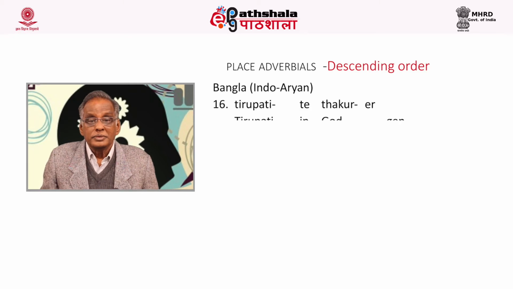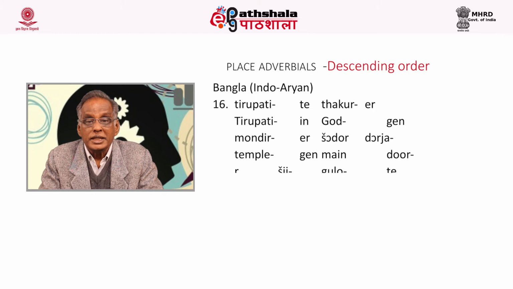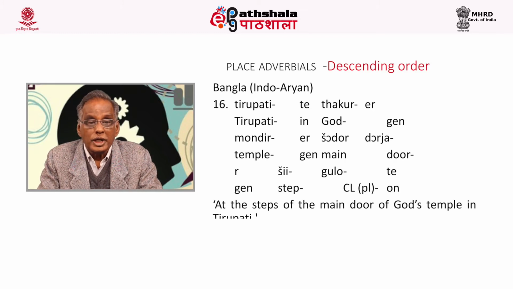In Bangla too, let's take an example of descending order of place adverbials. Tirupati te Thakurer Mondirer Shodar Dorjar Shi Gulote. At the steps of the main door of God's temple in Tirupati. Tirupati is a bigger place.